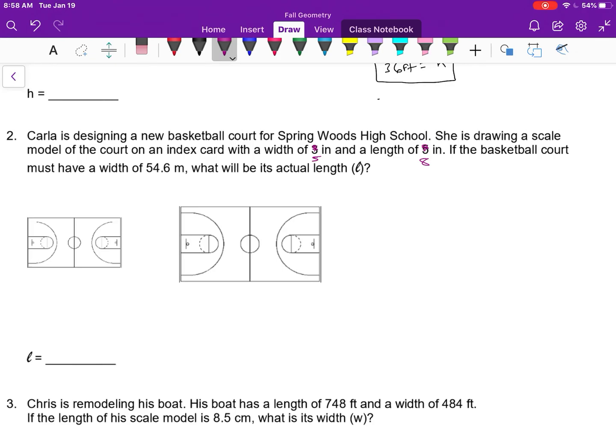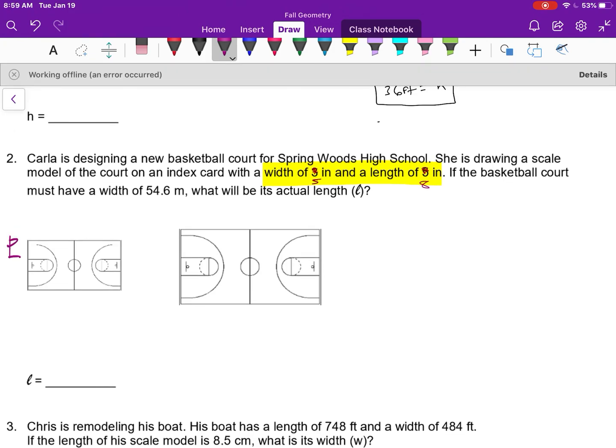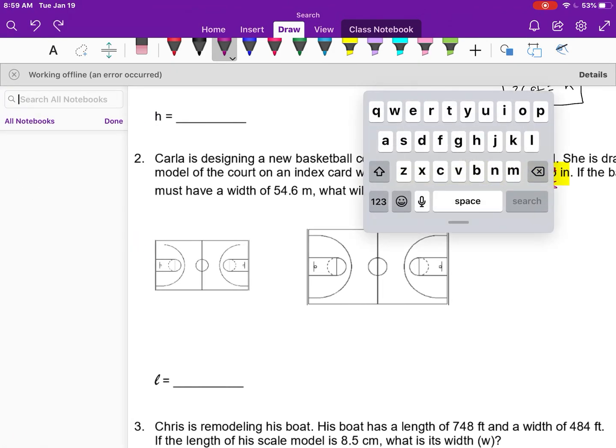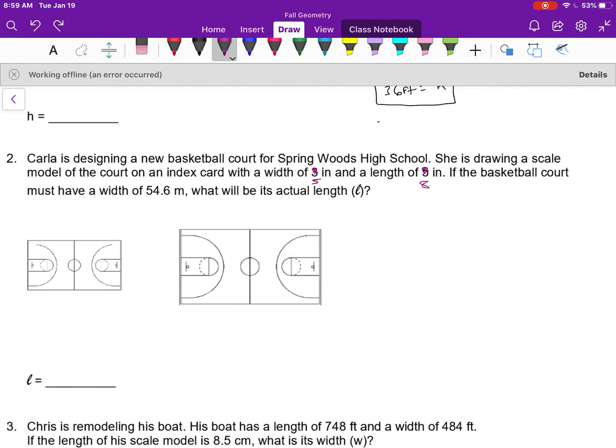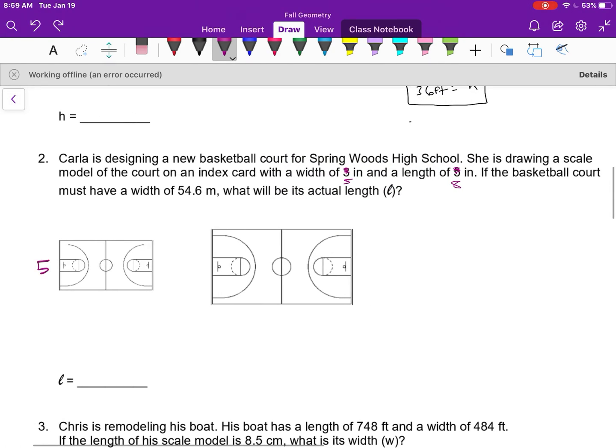So this is my width, which is 5, and my length will be 8.